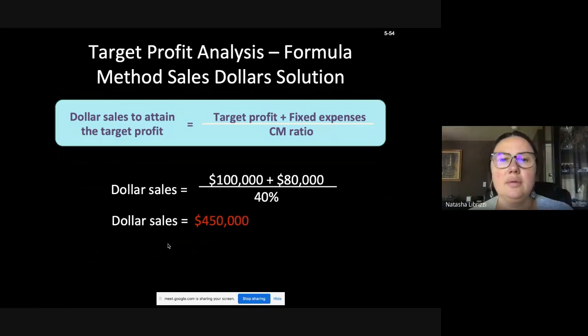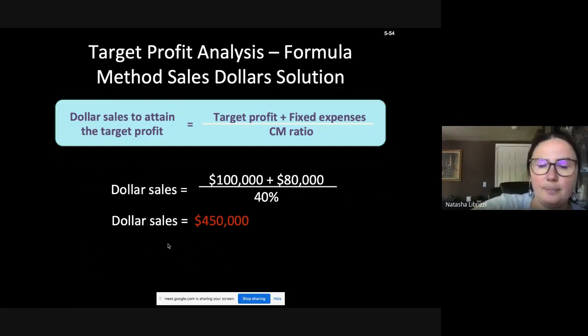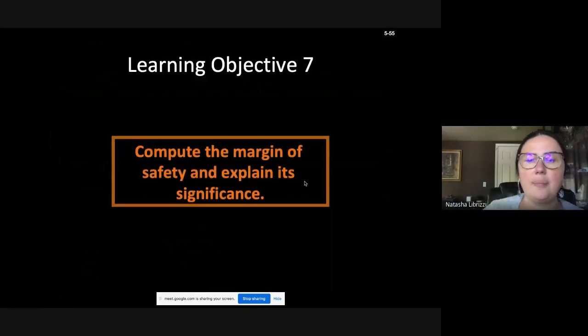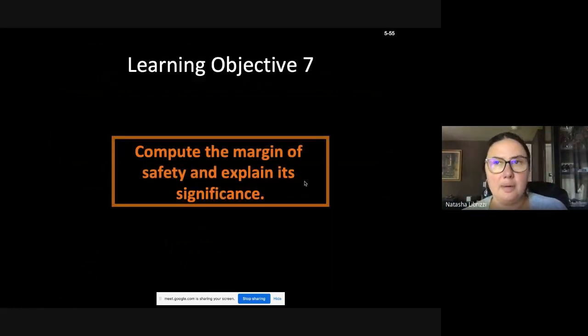And this is also formula method for the sales dollar solution, 450. So you're covering 40 cents you have really left after each sale to cover your 180,000, which includes fixed cost and planned profit.